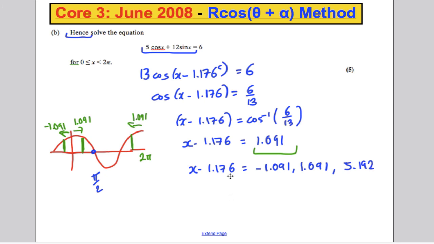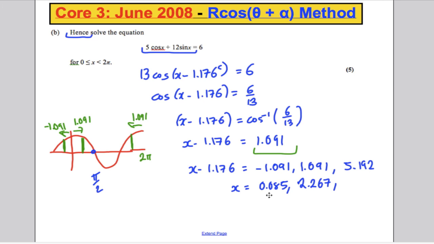5.192. Adding 1.176 to everything, x would therefore be equal to 0.085. x would also be equal to 2.267, and the last one would actually be outside the range. 5.192 plus 1.176 would actually be outside, so we would ignore it.